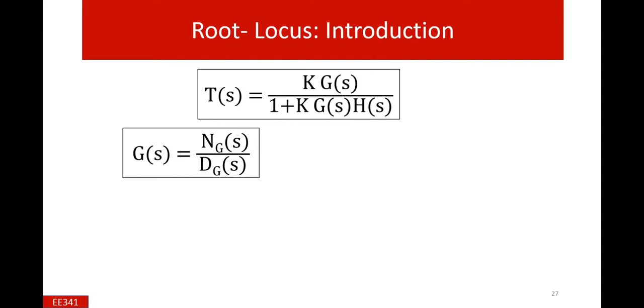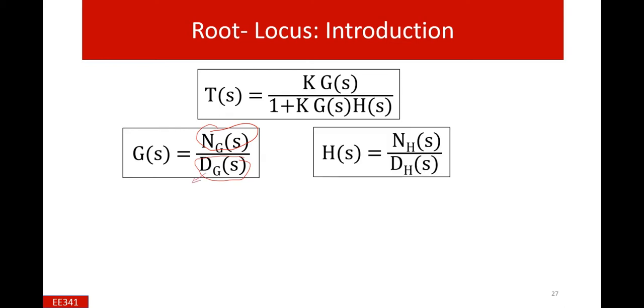For example, N sub g represents the numerator terms of the transfer function, which represent the zeros of the open loop transfer function. This term represents the poles of the open loop transfer function, and this is the denominator term of the open loop transfer function.